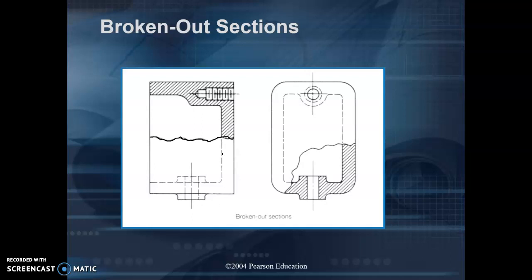So these internal features are shown with hidden lines because we can't see them, but above the broken line we can, because we've broken away the material that was hiding it. And again here, another example with the short break line, breaking out a chunk of this part so that we can see the internal features below the line, but not above the line.